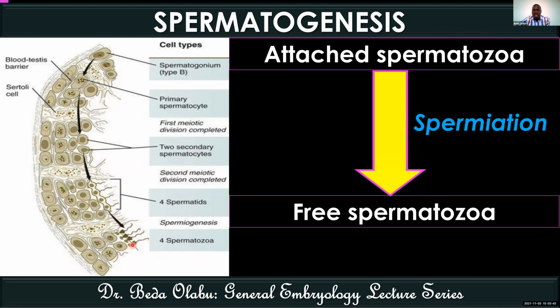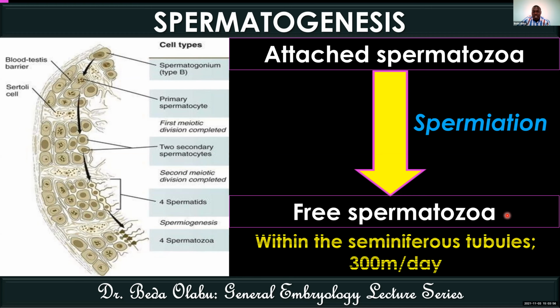So when you release the sperm, we call it spermiation. Once the sperms have been released free into the lumen, they can now move. Many sperms are released into the lumen per day, in the order of millions.